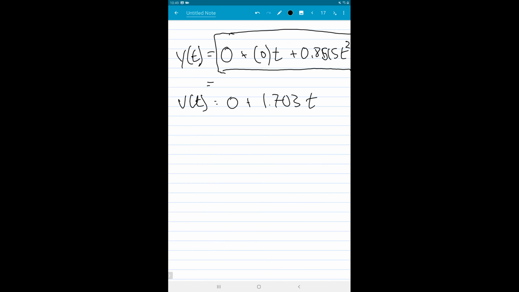The a of t is just a number. And that number is 1.703 meters per second squared. Yeah, I'm not too worried about the units in this, but you're correct. You should put units on there. That's good. Might as well. But yeah, that's essentially it.